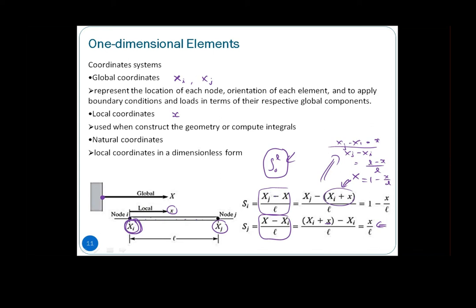Okay, so natural coordinate is another coordinate system for one-dimensional elements, in a dimensionless form.